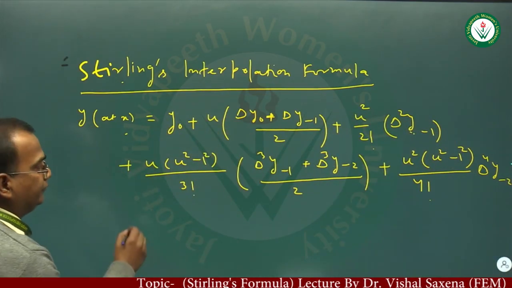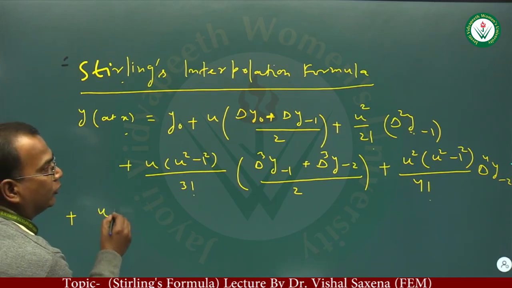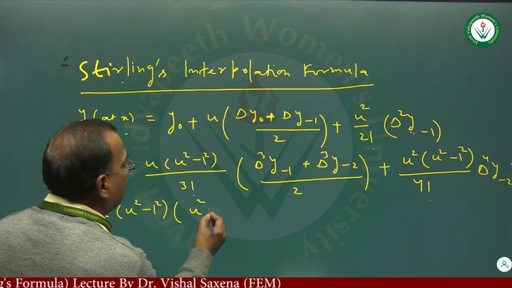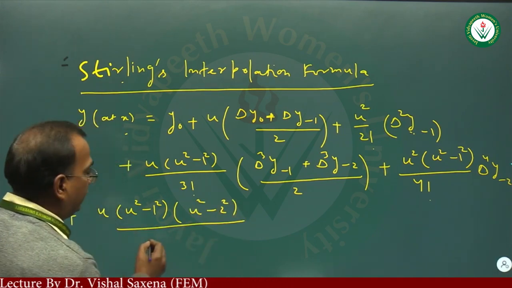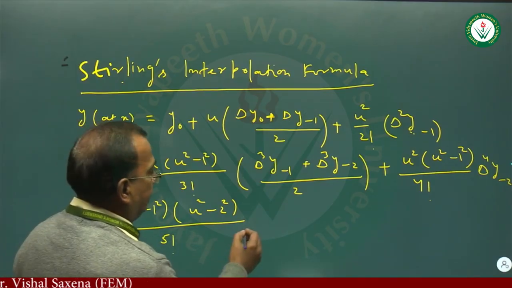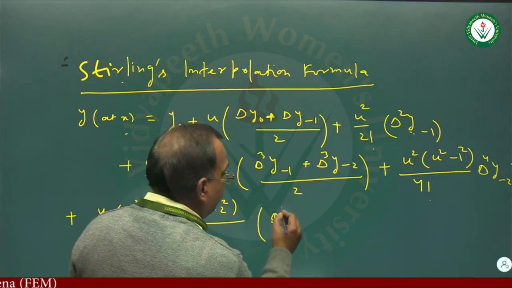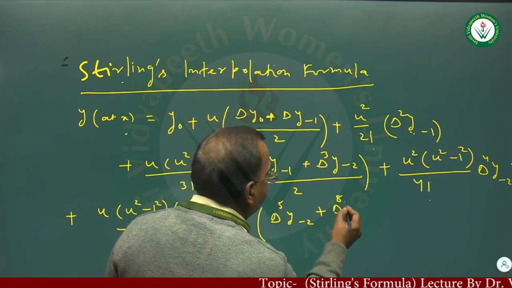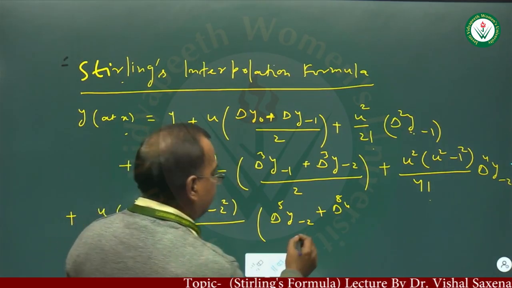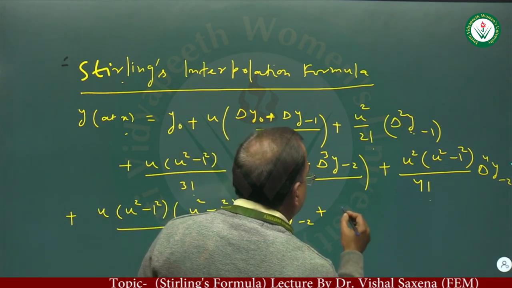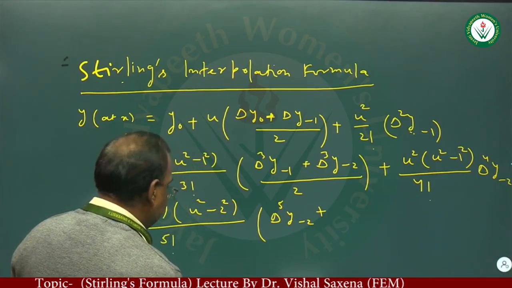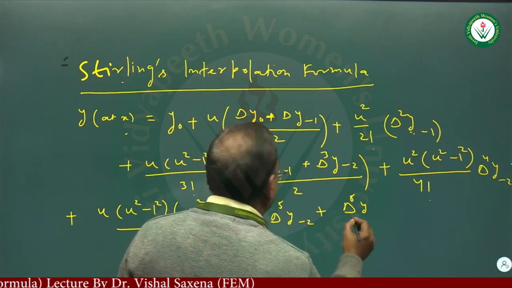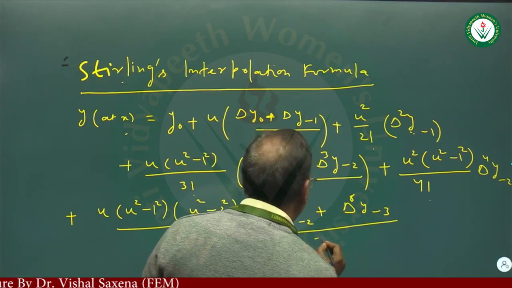The next term will be u into (u square minus 1 square) into (u square minus 2 square) upon factorial 5, and then (del 5 y minus 2 plus del 5 y minus 3) upon 2.